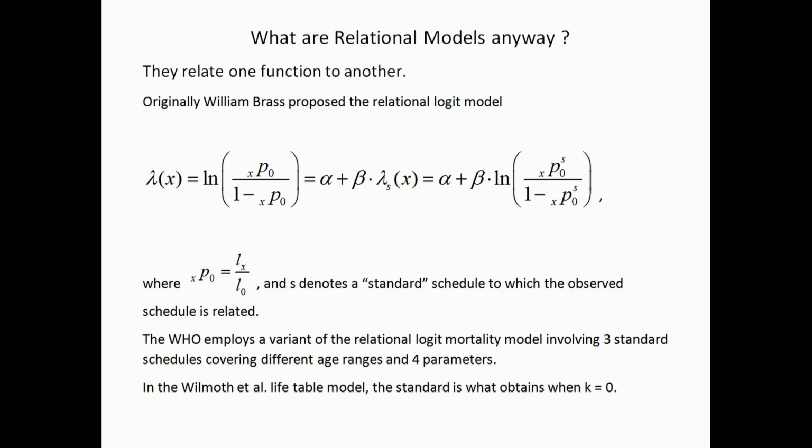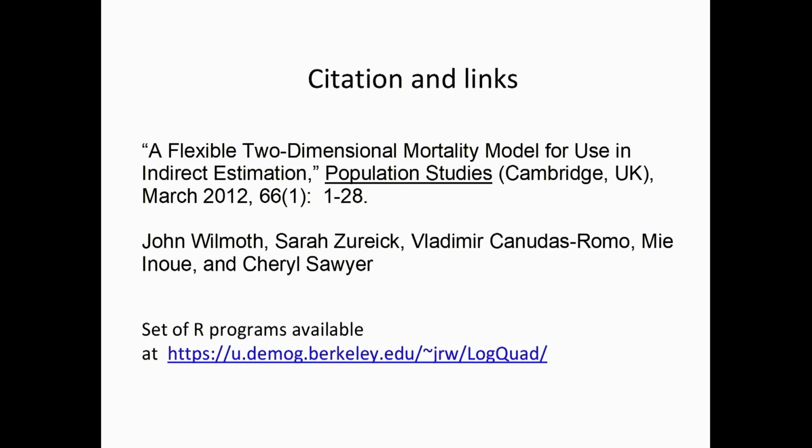That's beta in the relational logit system. And they would say that the standard is what obtains when K is equal to 0. So that's how they reconcile their system with the relational logit model. And I'll point out that there is a citation. We'll come back to this so you can copy it.